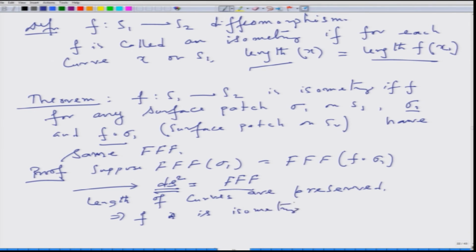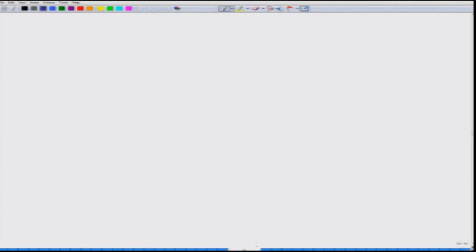Okay. Now, the other direction is a little non-trivial. It is not really non-trivial, I mean you have to do a little bit of work. So, conversely, let f be an isometry.